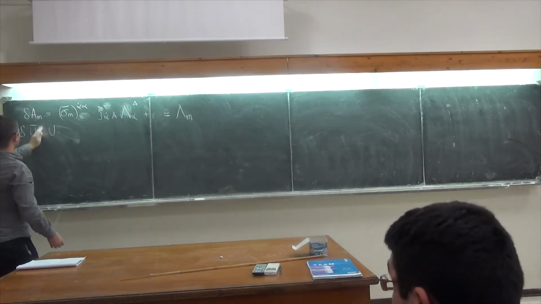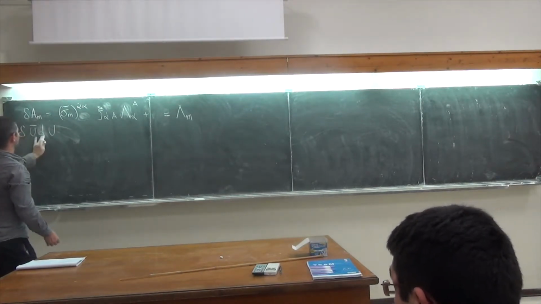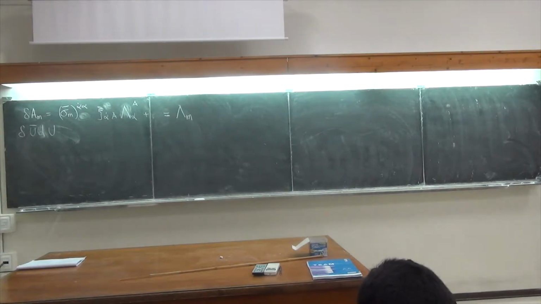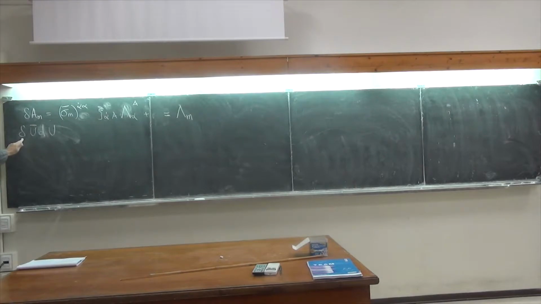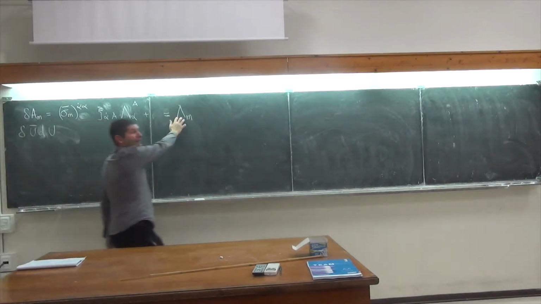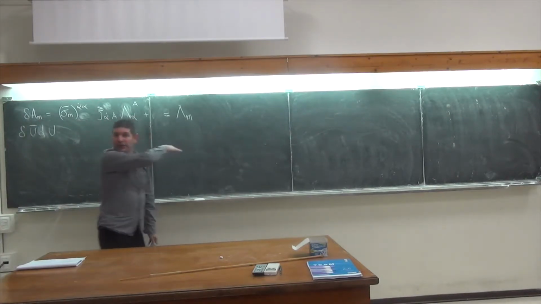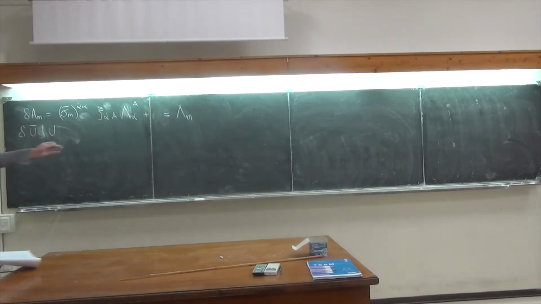Let's just write d. It's a form. d for me is the differential. Okay, but then this means that acting with this delta on this U, I should get lambda_m, which is also given in terms of the same ADHM data.